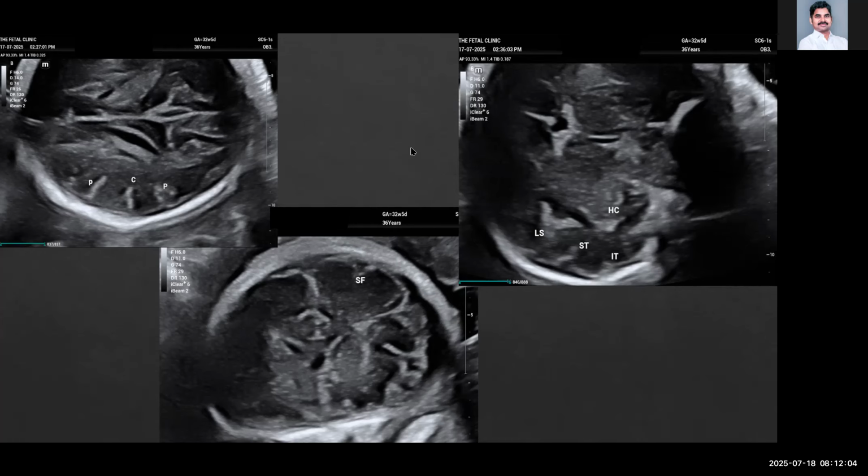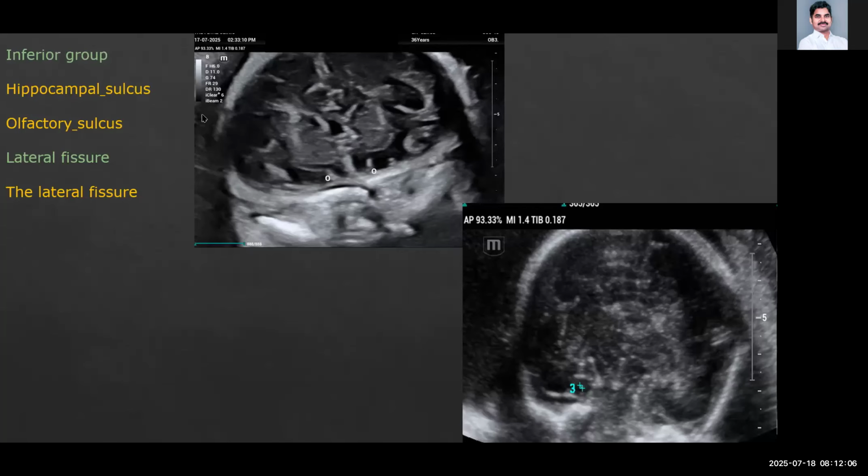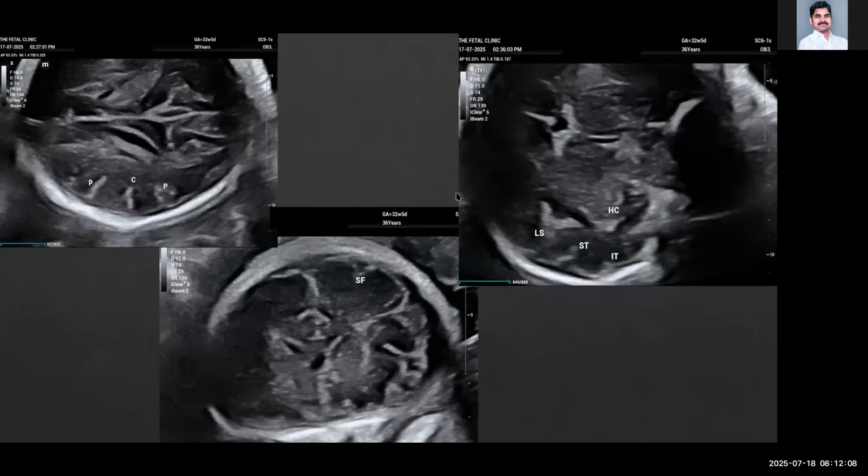The inferior group consists of the temporal sulci, which are the hardest to obtain of all. You need to insonate where possible through the sagittal suture or anterior fontanelle, and the coronal plane is the best plane to demonstrate the temporal lobe sulci.